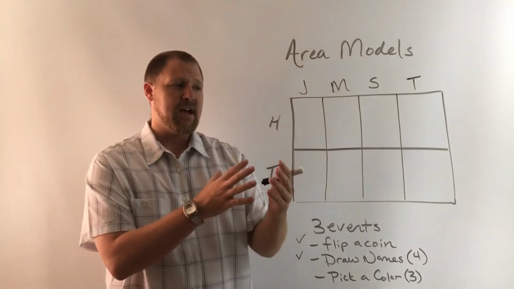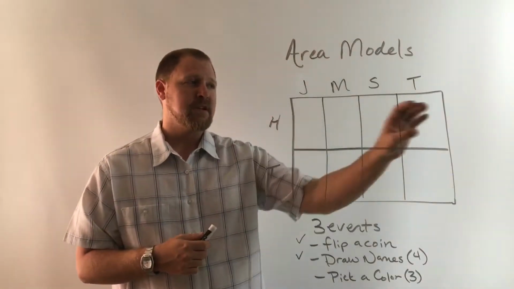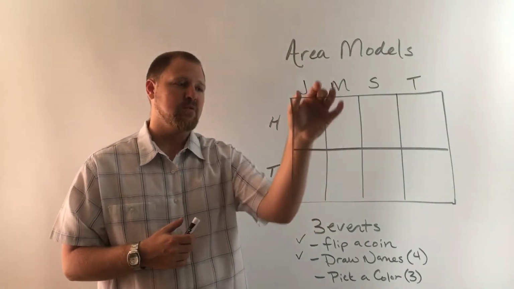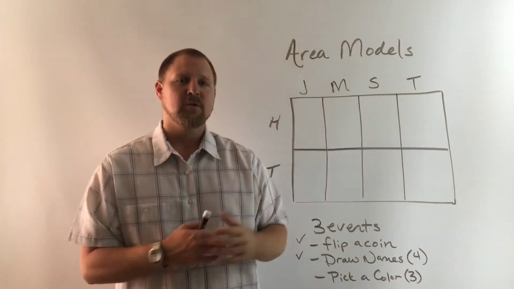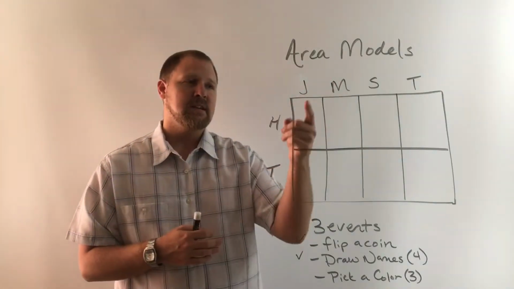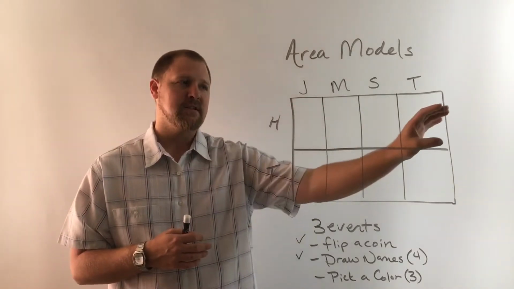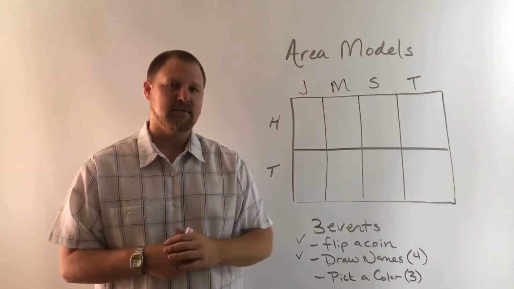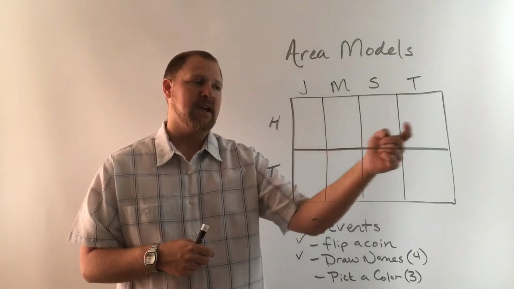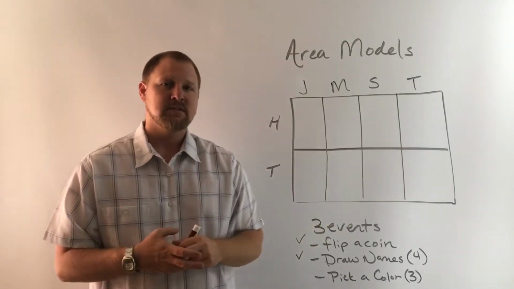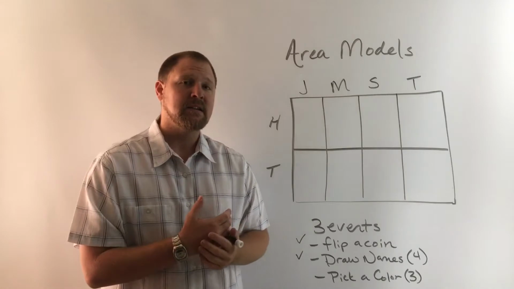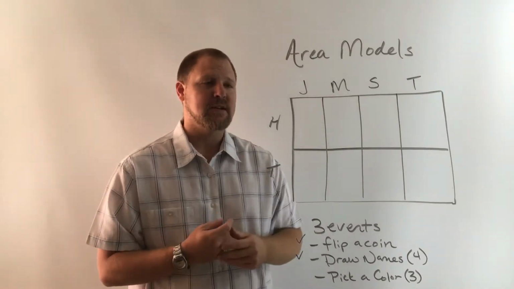And so now we have 50% probability for heads or tails, and then 25% probability for drawing one of those names. To get J and heads, it's 50% times 25%. And so if you notice here, there's 8 equal boxes. So 100 divided by 8, I believe, is 12.5%.